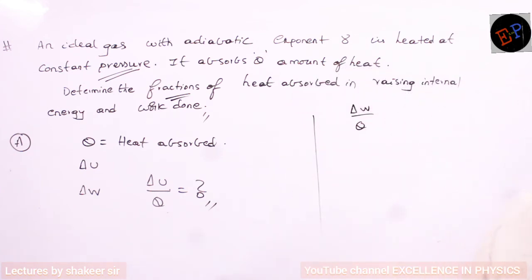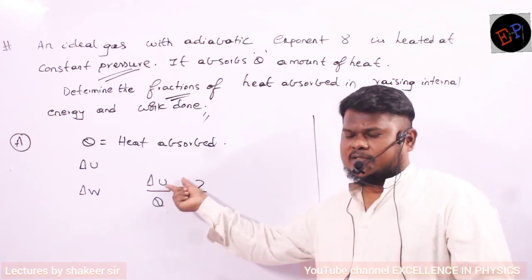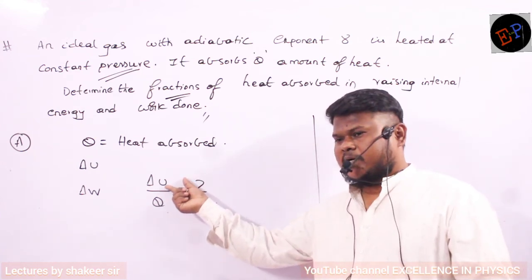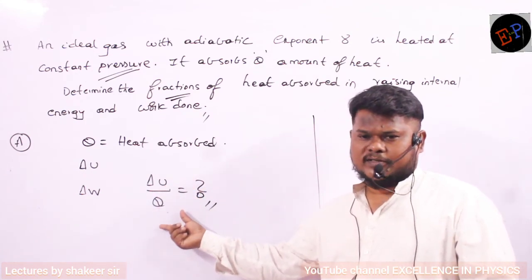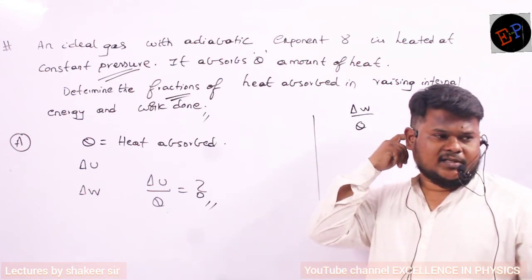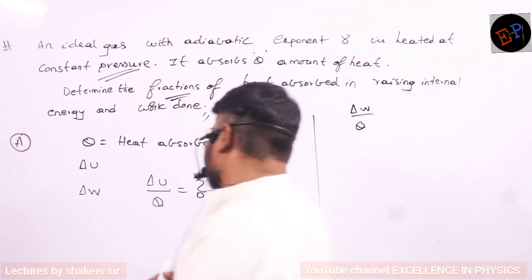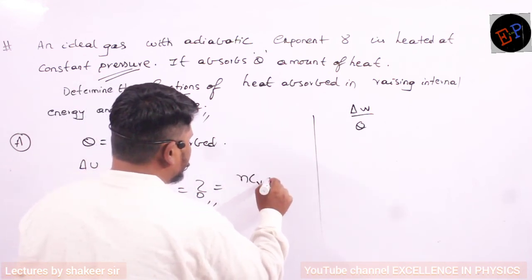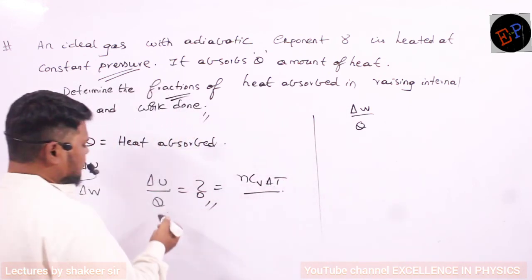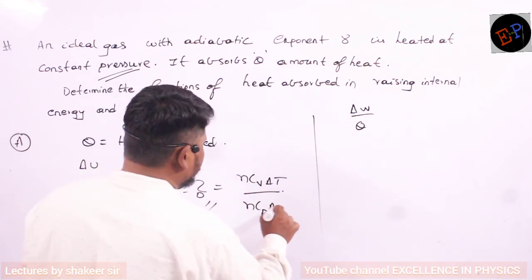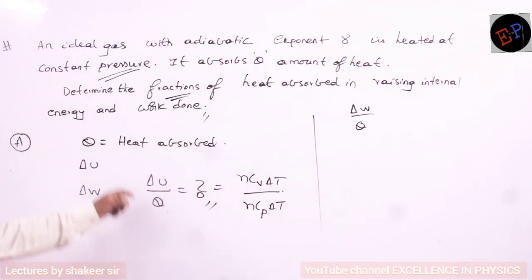This is called a fraction: the amount of energy spent in raising the internal energy to the total energy, and the amount of work done again divided by total energy. So write down. Delta U is equal to nCv delta T, and Q, the total heat energy, is nCp delta T, in a constant pressure process only.